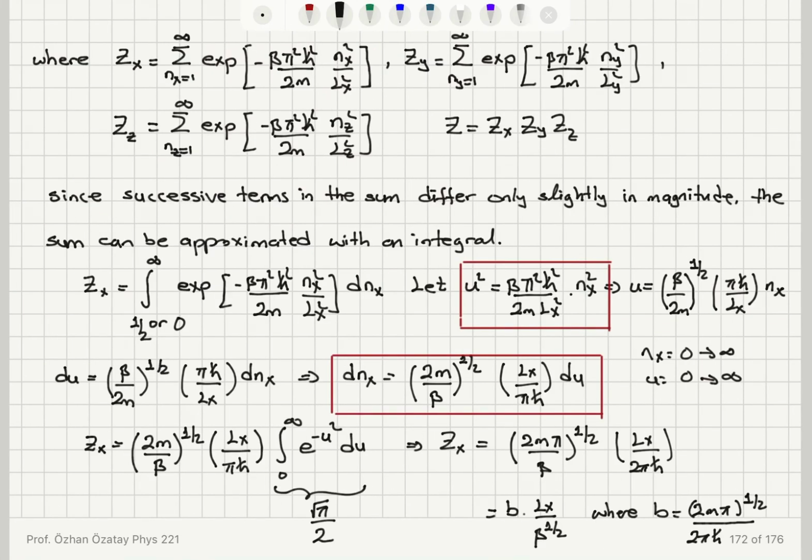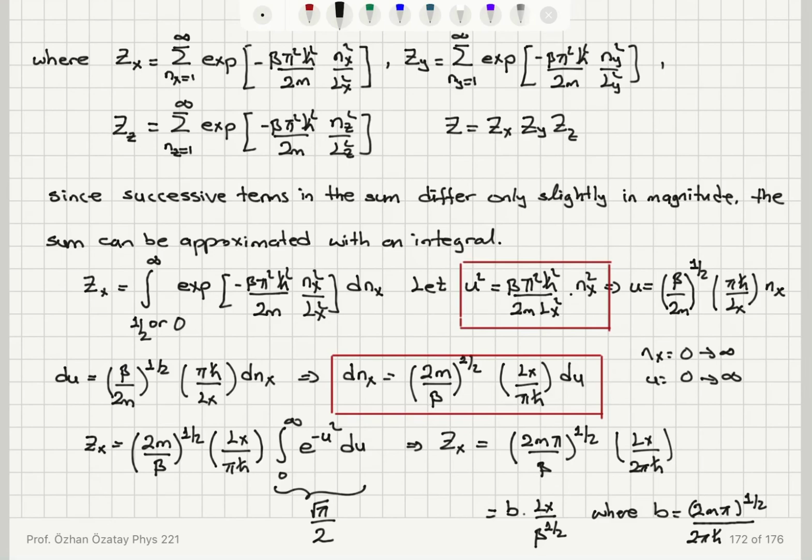And you can find that each successive term in the summation will only differ slightly, so you can replace these sums with an integral as a good approximation, where I have encountered a Gaussian integral from 0 to infinity, which gave me square root of pi over 2.